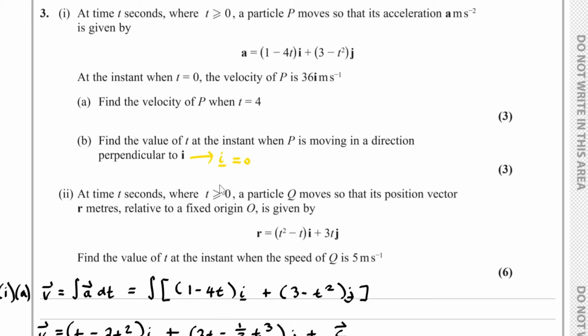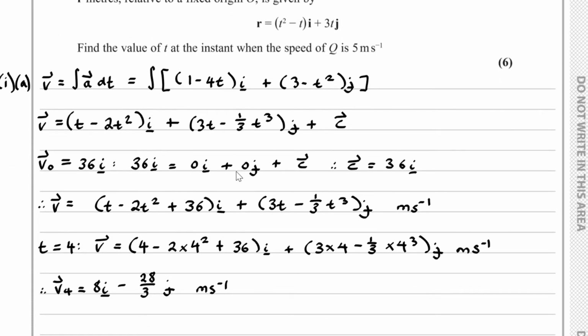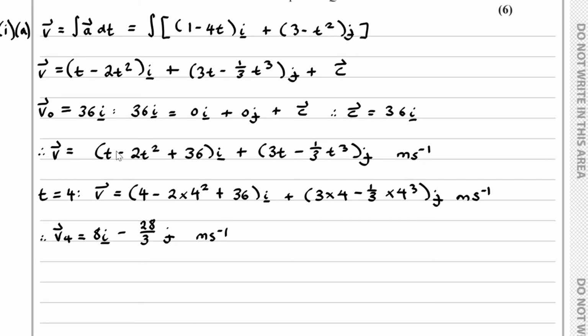Of course, if the I component is equal to 0, we can set this I component equal to 0. So, for part B, when I is equal to 0, we have t minus 2t squared plus 36 equals 0. So with this we can find out what t is.